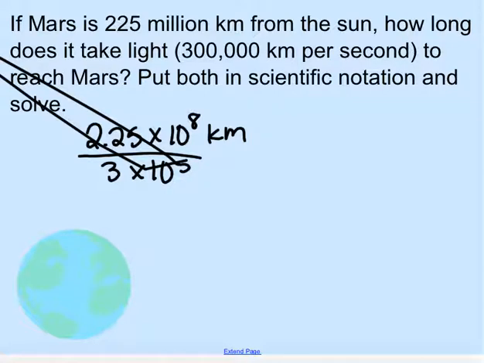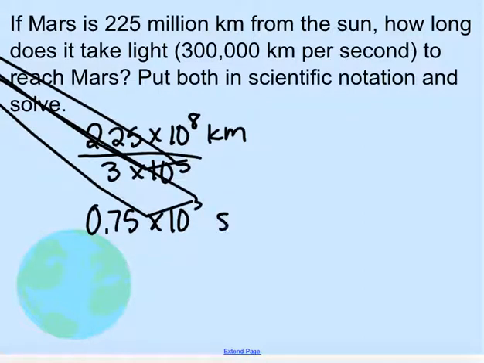Well, 2.25 divided by 3 gives us 0.75 times 10 to the 3rd again. That's going to be how many seconds it takes, which means I really have 7.5 times 10 squared seconds. So 750 seconds to get the sun's rays to Mars.